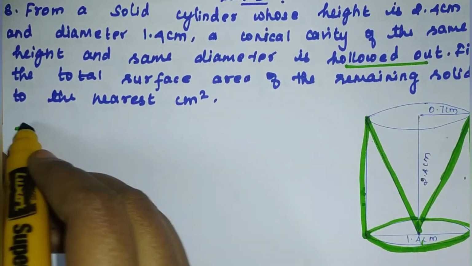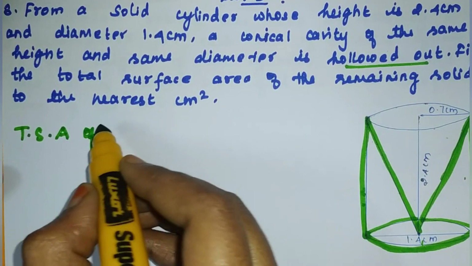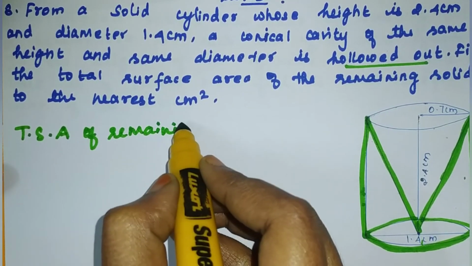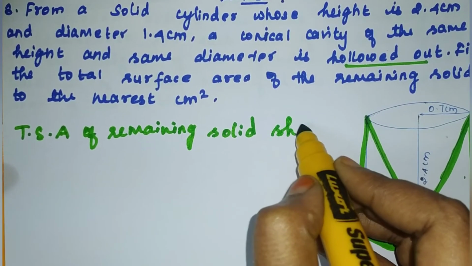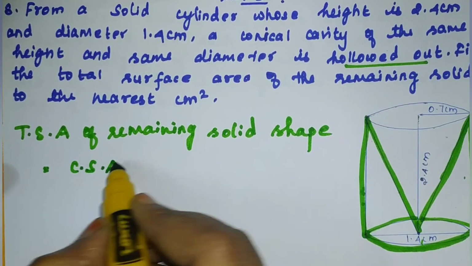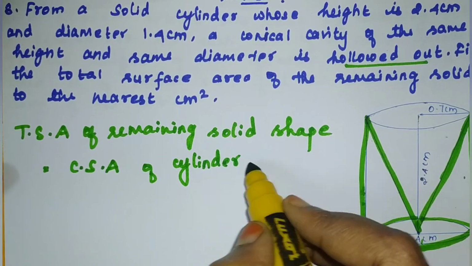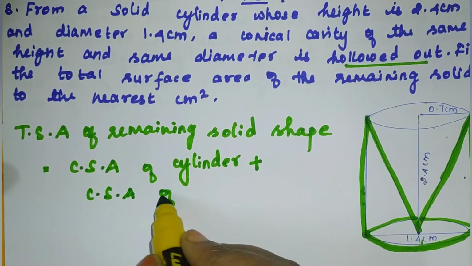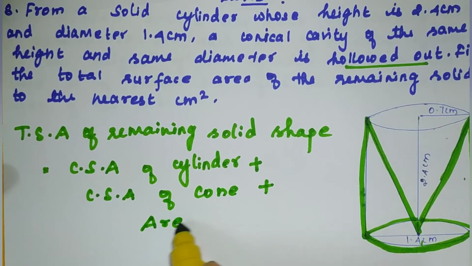Total surface area of the remaining solid shape is equal to curved surface area of cylinder plus curved surface area of cone plus area of a circle.